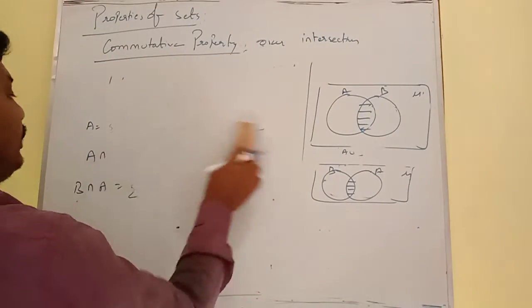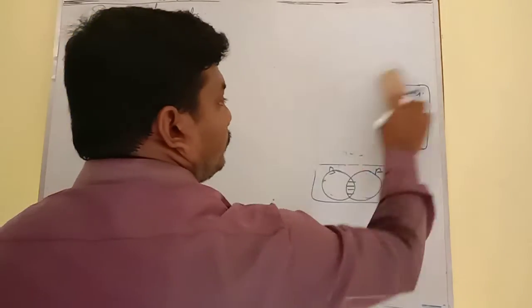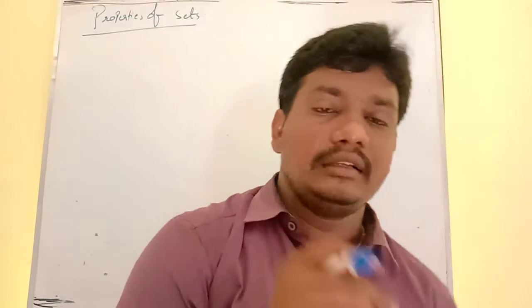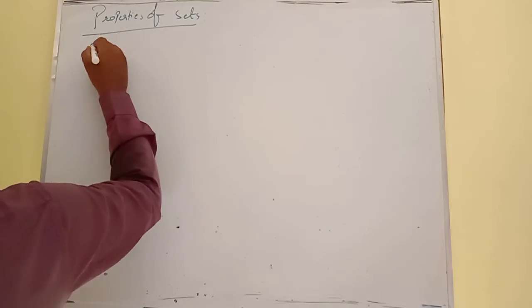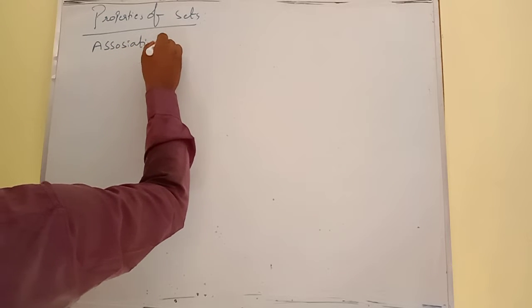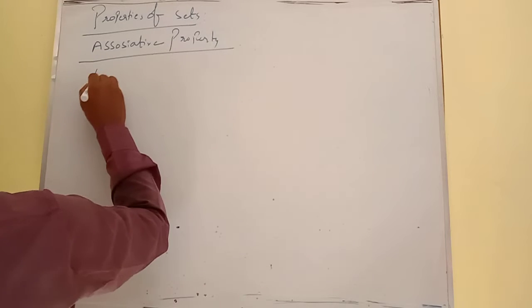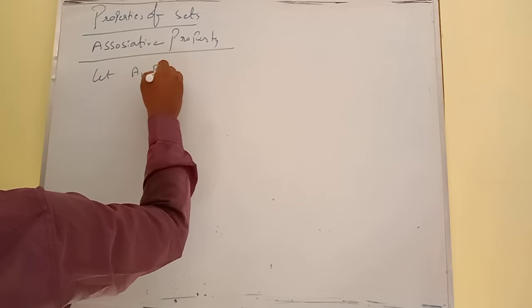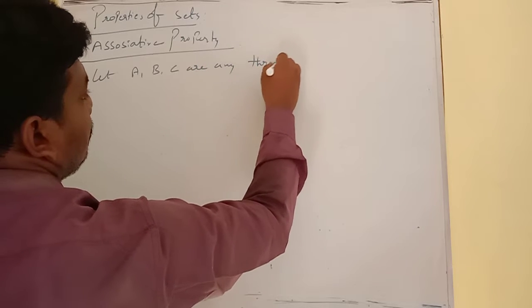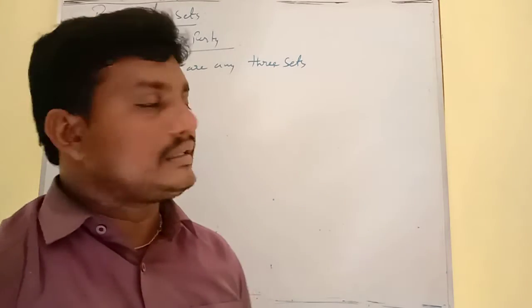Then we are going to consider associative property. In this case, we should consider three sets. Let A, B, C be any three sets.